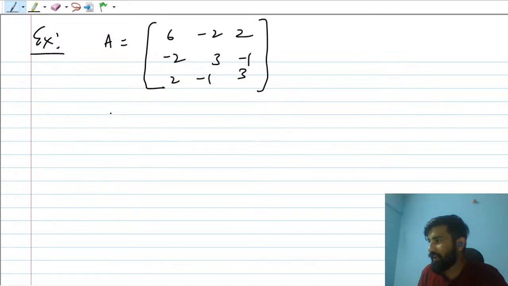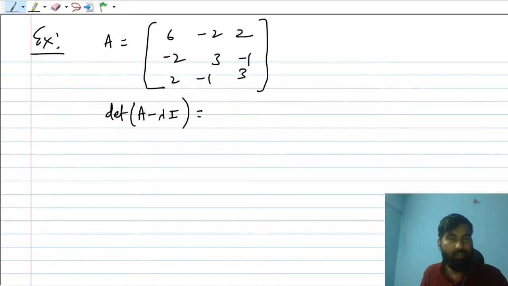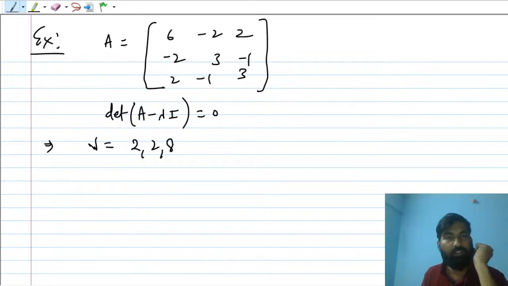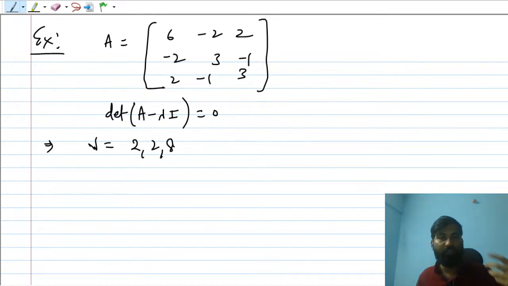Suppose we have got the characteristic equation, we have to just find the determinant of A minus lambda I. So find out the lambdas. After solving this, you get lambda as 2. You guys can try how to find the eigenvalue from this.